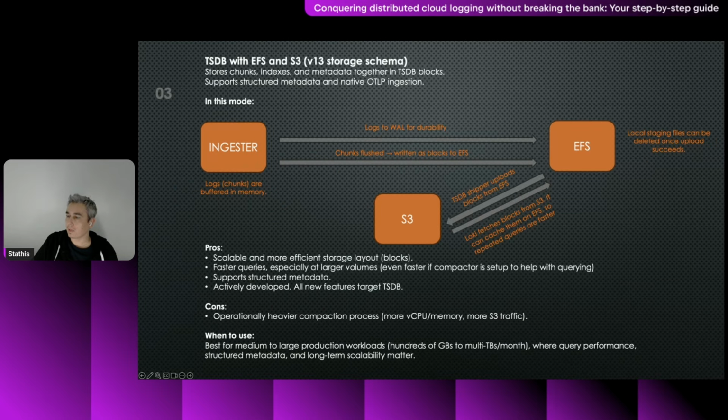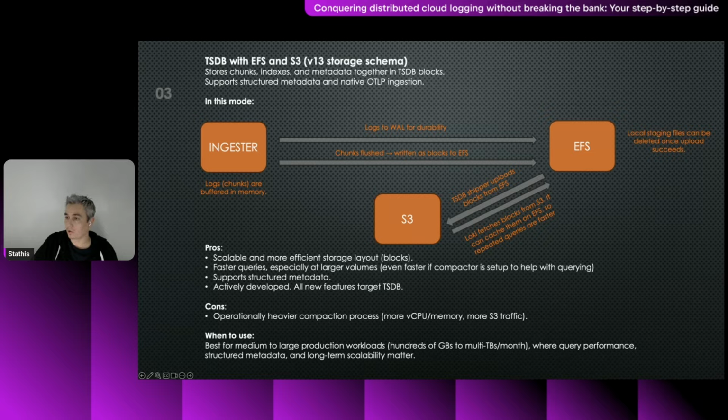And finally, the last option, and the one that is the most current, and the one that I would prefer that you use, is the TSDB, the time series database, basically with EFS and S3, the version 13 storage schema. Logs arrive in the ingester, they are buffered in memory.